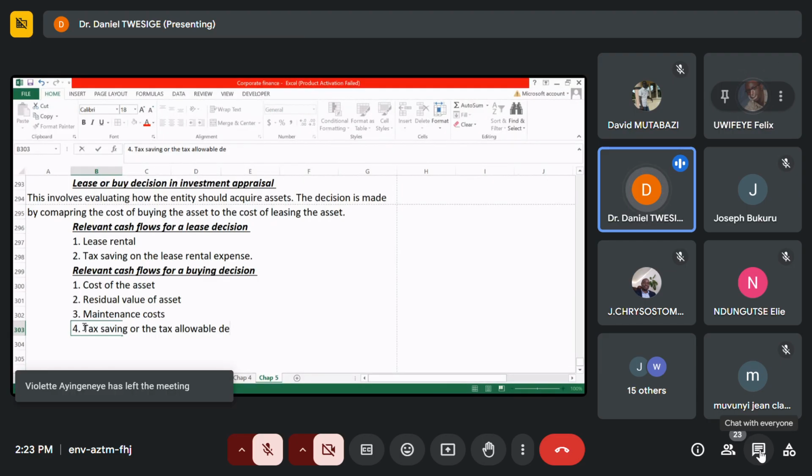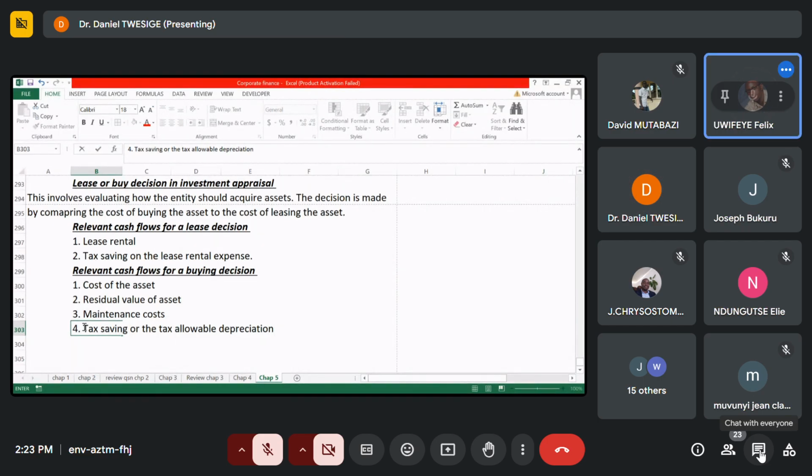If you have a tax, then you should recognize that. If there is no tax, please don't recognize this. So these are the relevant cash flows that you are going to evaluate to determine whether you should purchase the asset or you should lease the asset.